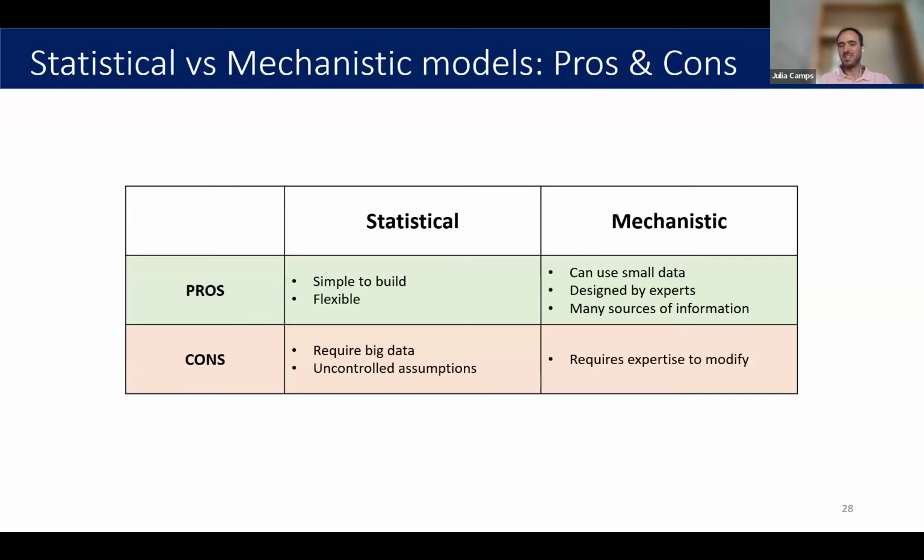So then we can come to this kind of rundown, table of differences. There will be others, and some of you might disagree with some of the ones that I state, but I think most of you will agree that statistical models are really simple to build, and lots of the appeal comes from that, especially since the adoption of deep learning strategies.